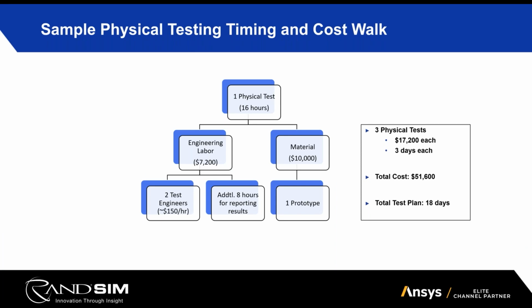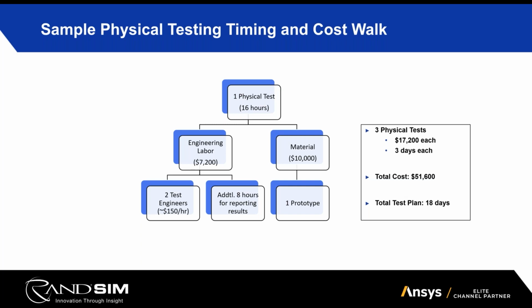Really basic. We've got a couple of physical tests here. We've broken it down to engineering labor, how many test engineers, what's their hourly billable rate, how long it takes to really process the data for creating results, that prototype material cost, because if we're going to test it in the physical test cell, we need physical prototypes.